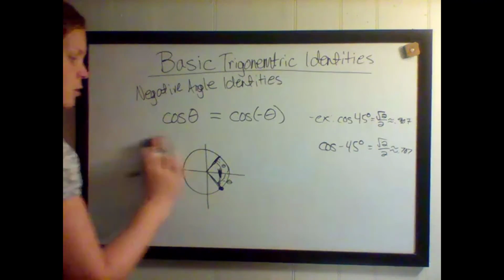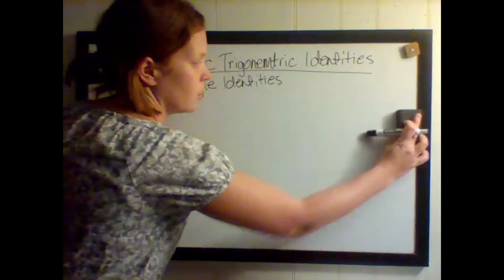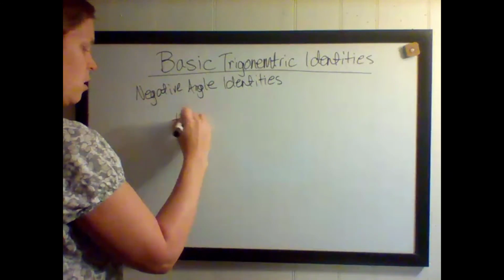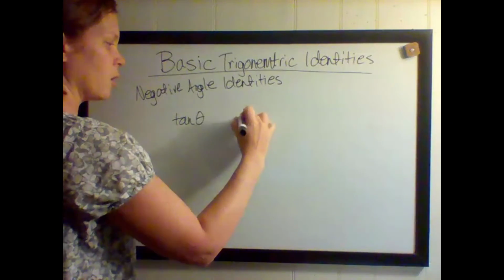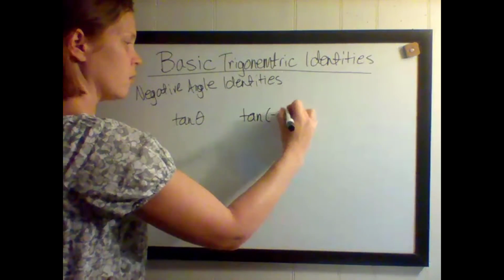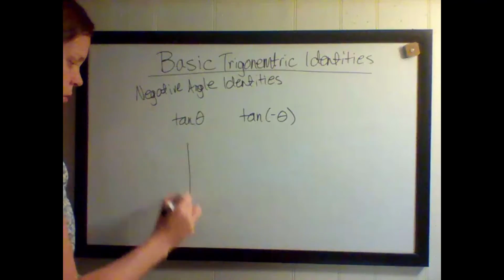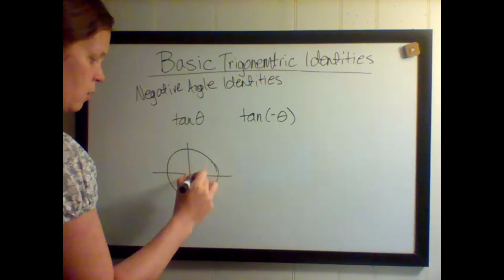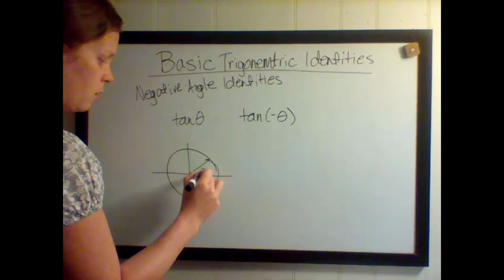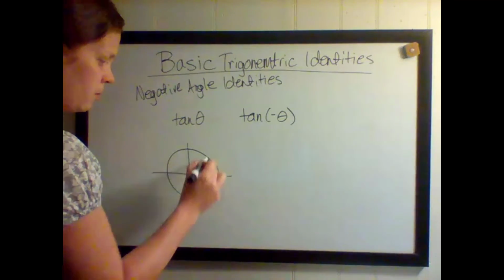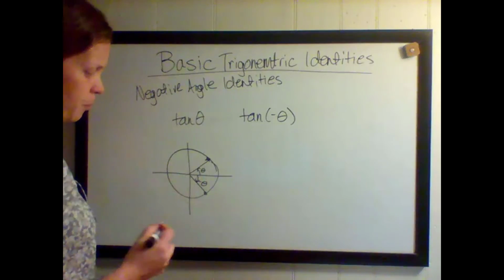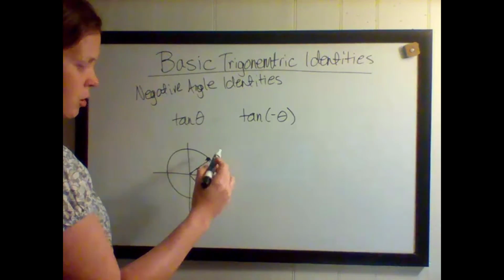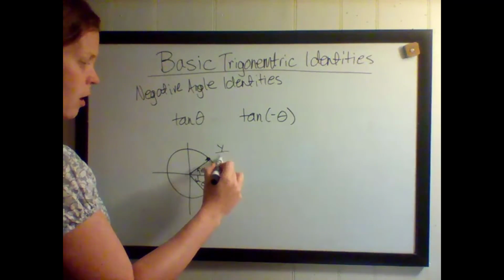And then last, for tangent: tangent of theta compared to tangent of negative theta. Let's see what's going to make this true. We've got our theta versus our negative theta, and which way we're going. Remember, tangent is y over x.